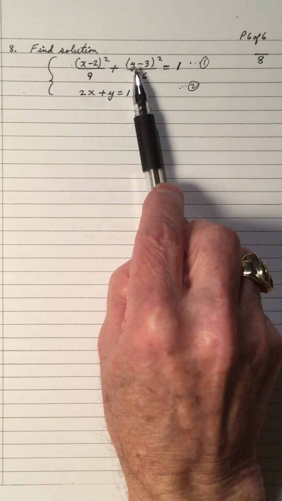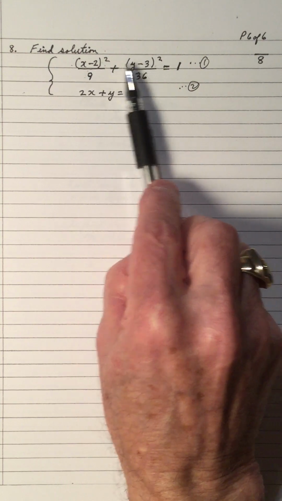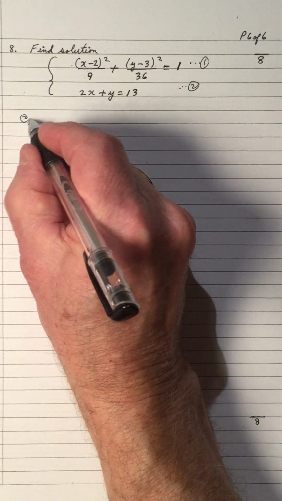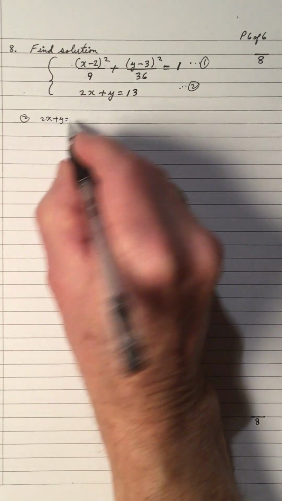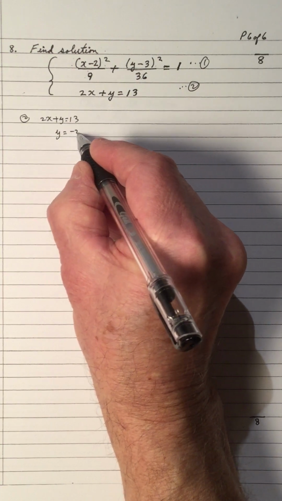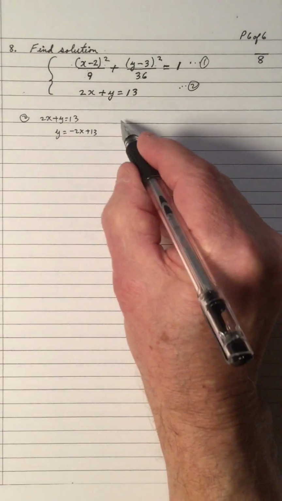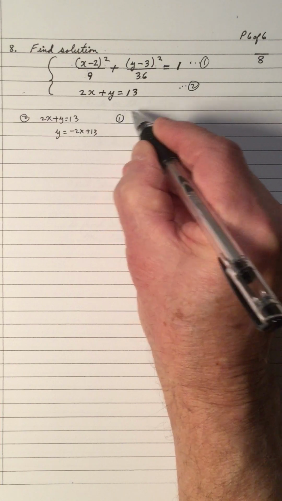When I do, I'm going to sub it in the place of y, so then I have the equation with all x's. So let's take equation number 2 and solve it for y. Again, I'm not solving it for x. Y equals negative 2x plus 13. So we're going to take that and sub it into number 1.